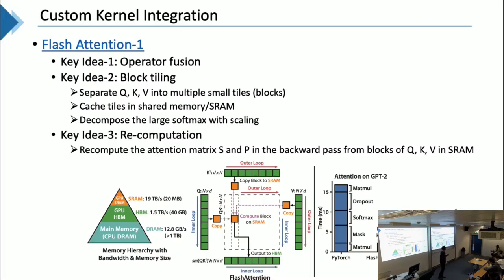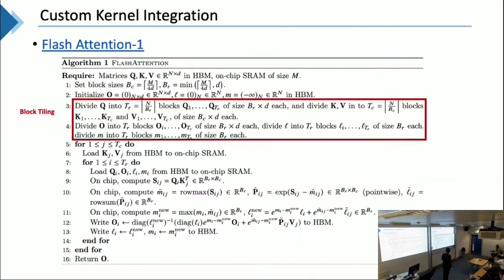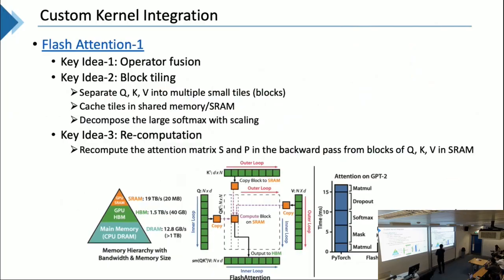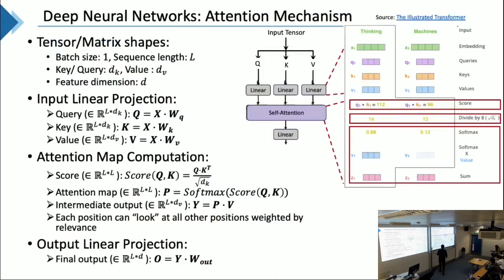If you look at the pseudocode of self-attention, you can see that for lines 3 and 4, it actually does this block tiling. It tries to do exactly what we showed here. We try to block this K, V, Q into different blocks.